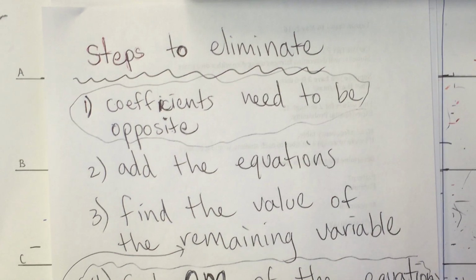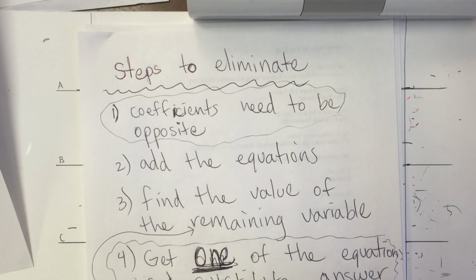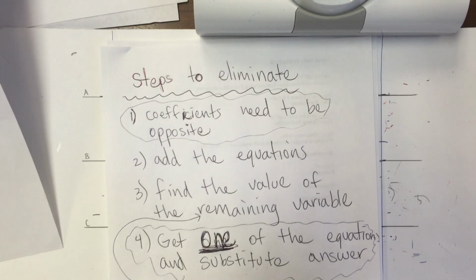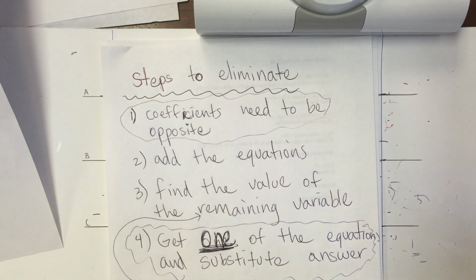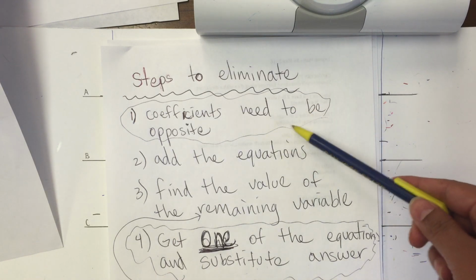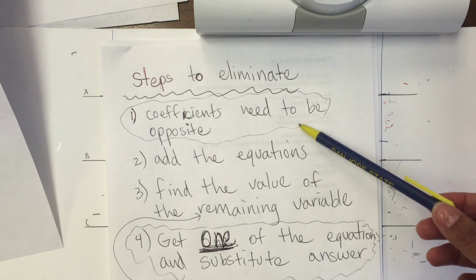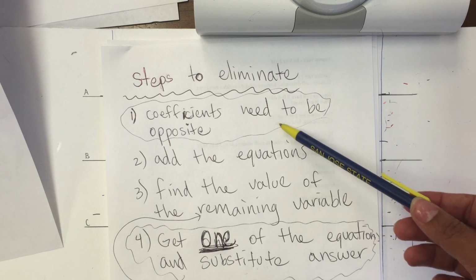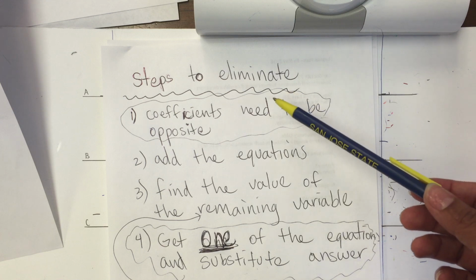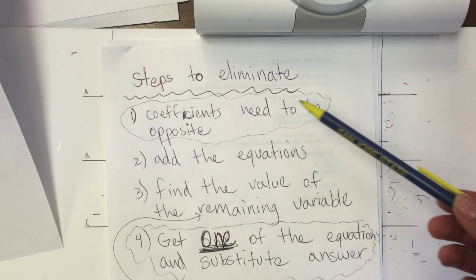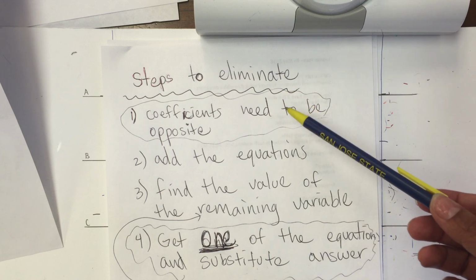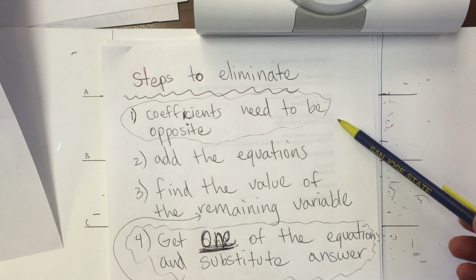So before we start, I want you to take note of the steps that we were following, and I want you to have them present right now. So the steps to eliminate is to make sure that we have coefficients that are opposite of each other, meaning a +8, a -8, a -3, +3, -1, +1.